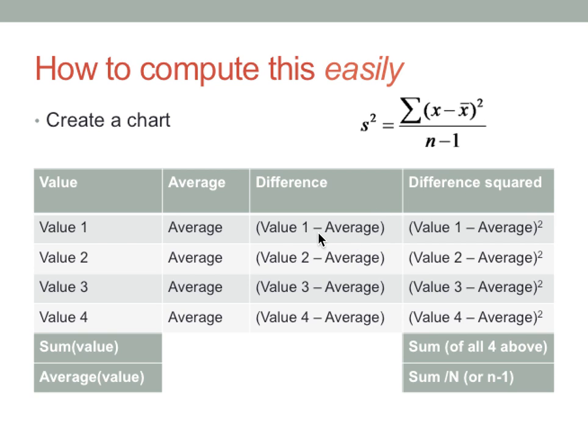Then we'll square them: x minus x bar squared, x minus x bar squared, x minus x bar squared, x minus x bar squared. Once we've completed this portion, then we add them all up. So that plus that plus that plus that is the sum, and we're left dividing by n minus 1. So in this case, there are 4 values, so n would be 4, so we divide by 3.